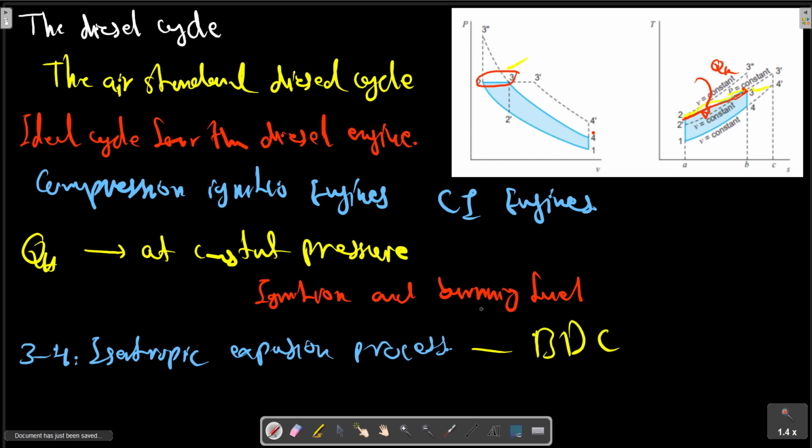As in the air standard Otto cycle, a constant volume rejection of heat at bottom dead center replaces the exhaust and intake process of the actual engine.